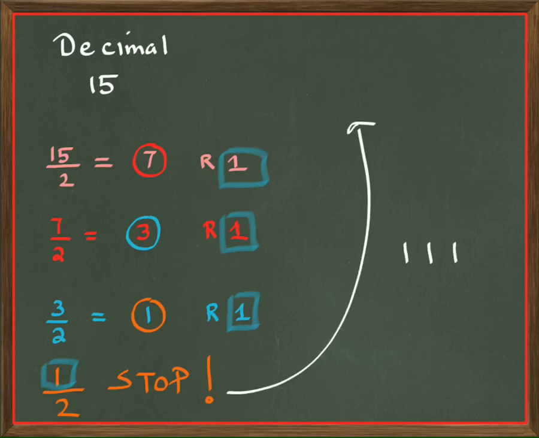And now I'm starting from the very last value, that is the most significant bit, MSB. So I'm starting from 1, then the blue remainder 1, then the red remainder 1, then the pink remainder 1. That means my answer is 1, 1, 1, 1. So that's how from a decimal value I obtain a binary value.